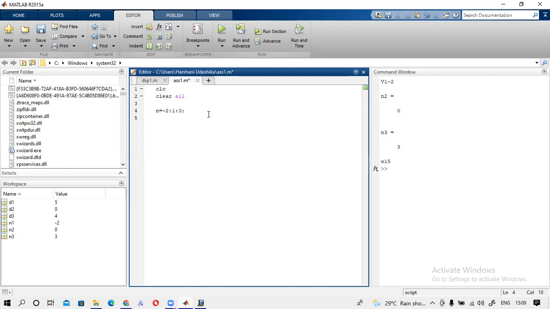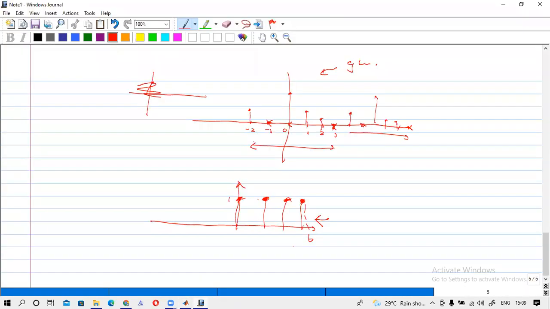Already you know that this is an array. If I run this, you have the array, so these are your endpoints. Now you need to put ones here: -2, -1, 0, 1, 2, 3, 4.